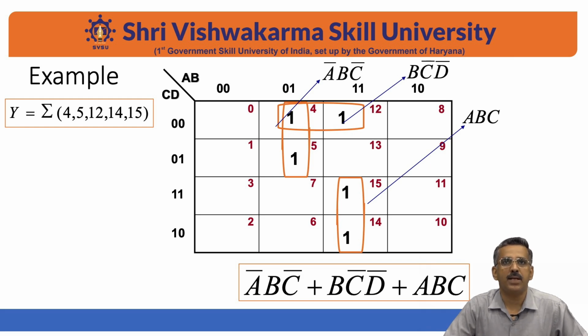So in this third grouping, the value of the Boolean expression will be equal to A bar B into C bar. So overall Boolean expression of this example will be equal to, that is Y is equal to A bar B into C bar plus B into C bar D bar plus A, B and C.